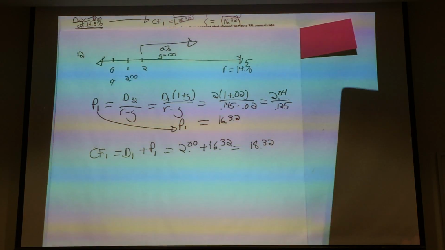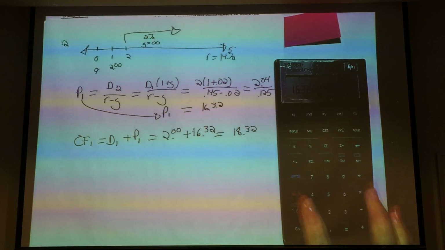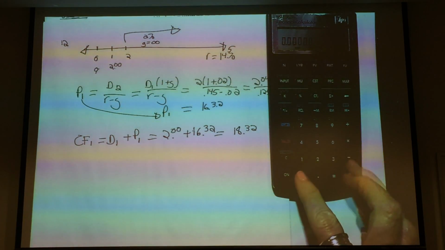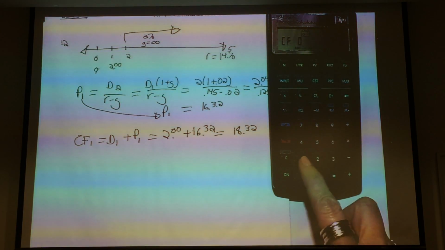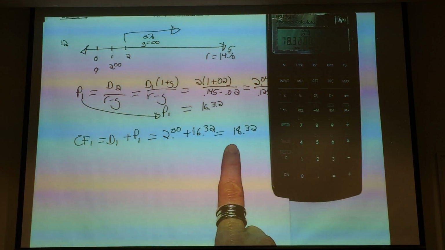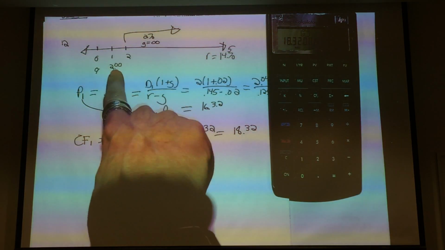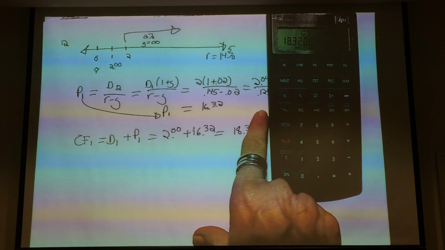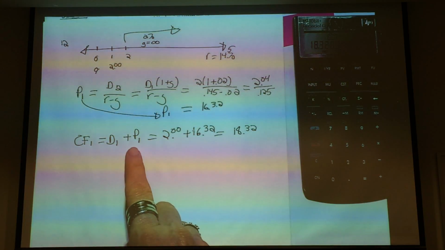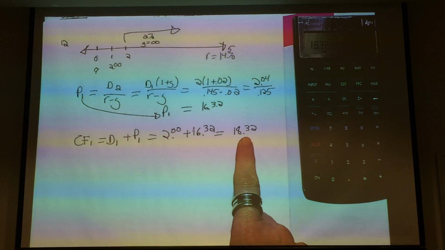I'm just gonna put that 1 cash flow into the calculator, put in 0 as my cash flow 0. So 0, cash flow 0, then 18.32 is my cash flow 1. You see that I had to throw in my dividend, right? Because I have my dividend right before I can figure out what my price is. So you have to give me dividend 1 plus my price, 18.32.